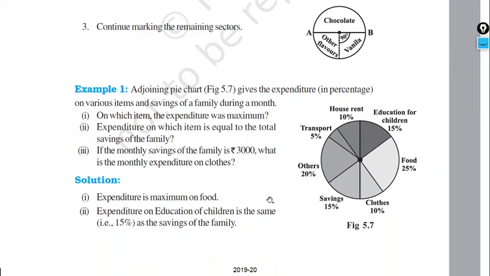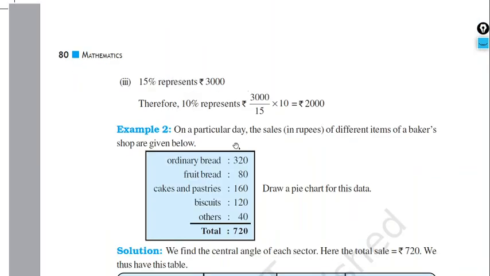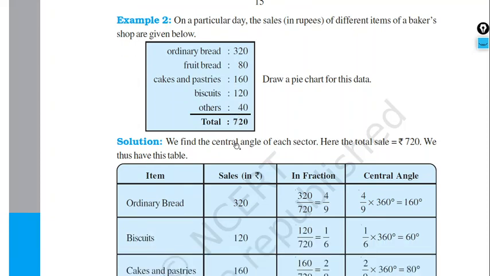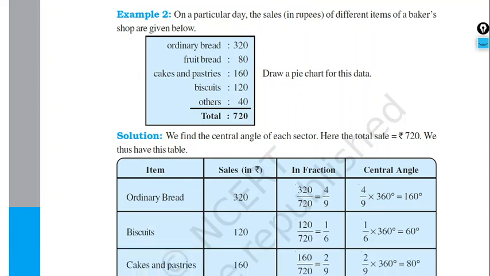Okay, so now we'll move to one example, then we can move to the exercise. So we'll try this example number 2. Let's start. On a particular day, the sale of different items of a baker's shop is given below.